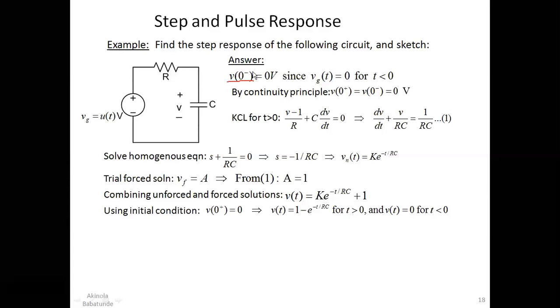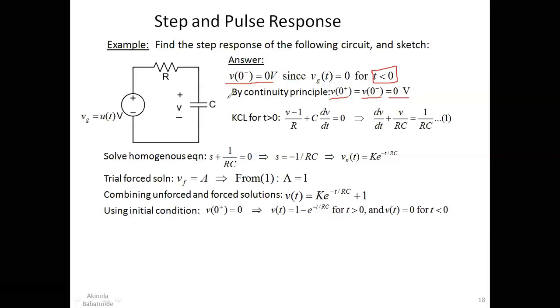So V of 0 minus would be equal to 0, and then VG of t would be equal to 0 because t less than 0 will make that so. So for all values of t less than 0, the element will be charged to voltage 0. So by the continuity principle, our V of 0 minus will be the same thing as V of 0 plus, which will be the same thing as V of 0, and that would be equal to 0 volt, by application of the continuity principle.